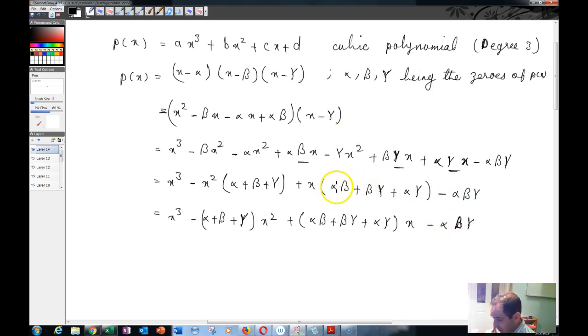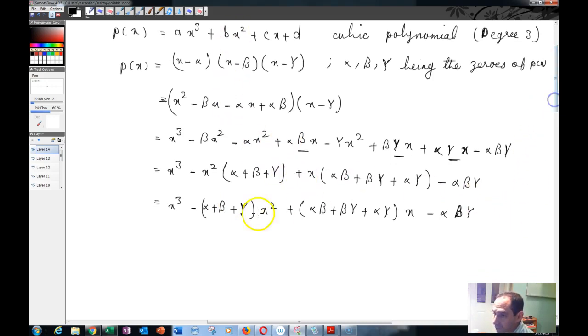So now usually what you're looking for is the sum of the zeros and the product of the zeros. So then you can figure that out based on what you have here. So you have the sum of the zeros, alpha plus beta plus gamma. You can find it over here.